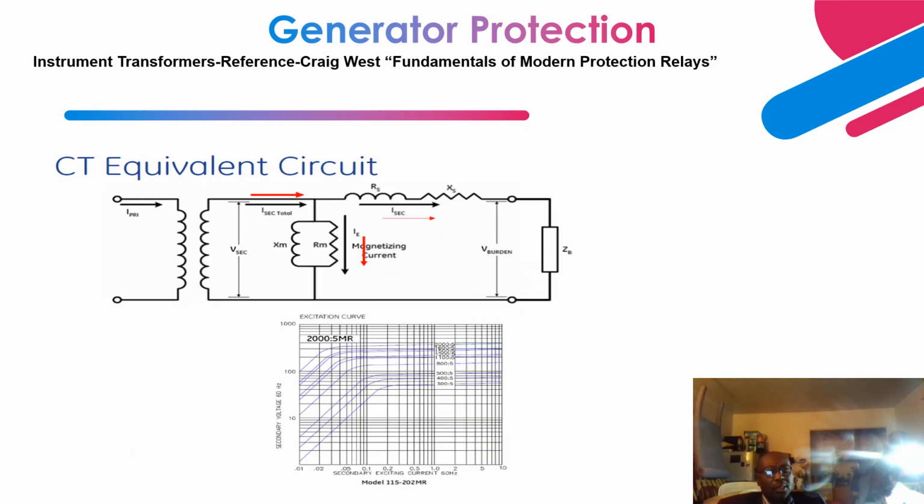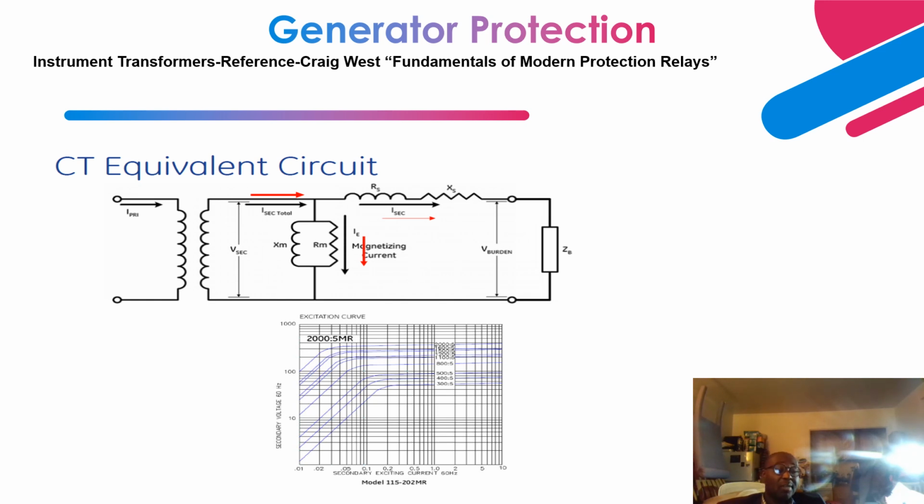For CTs, you definitely need to understand the equivalent circuit. The equivalent circuit basically transposes or moves the magnetization branch from the primary side onto the secondary side. This part is the magnetization branch, and this side is the secondary resistance and the secondary reactance.